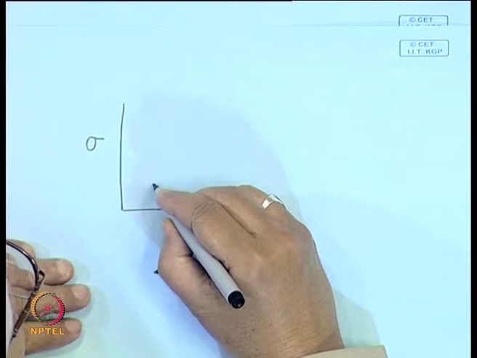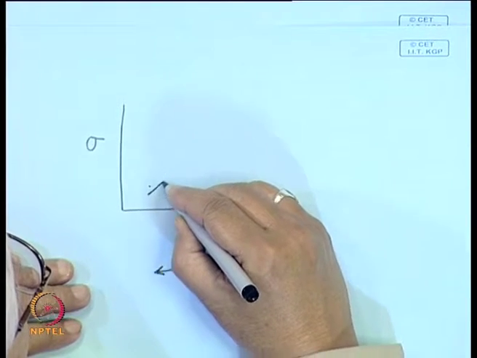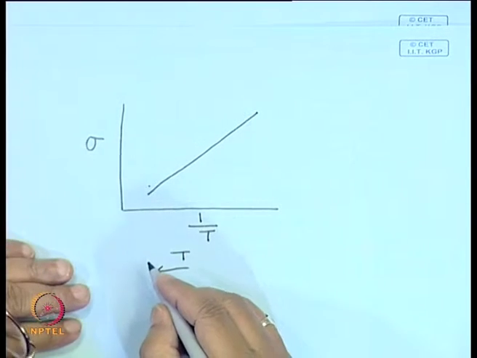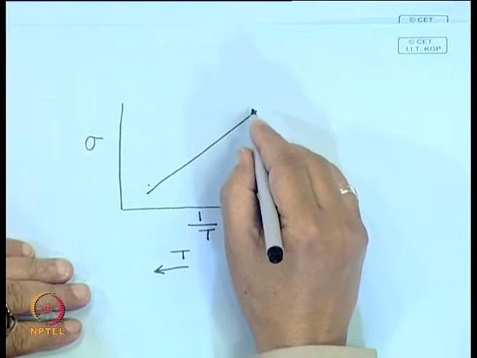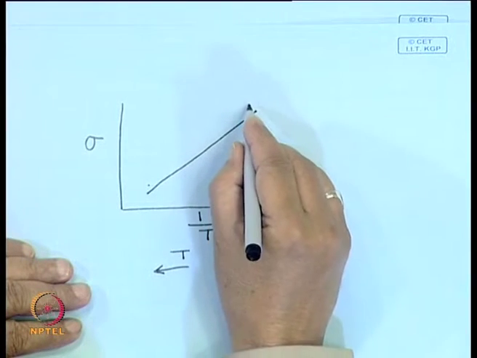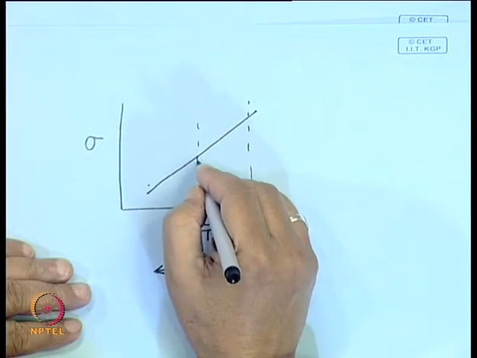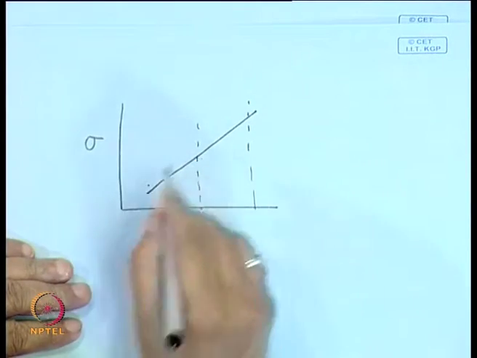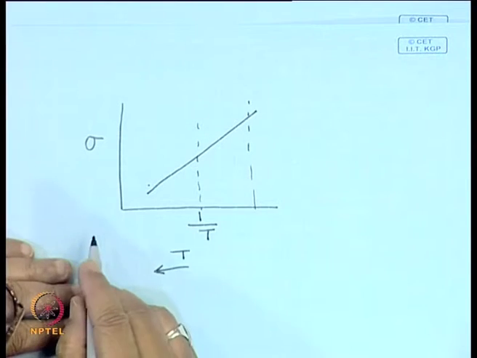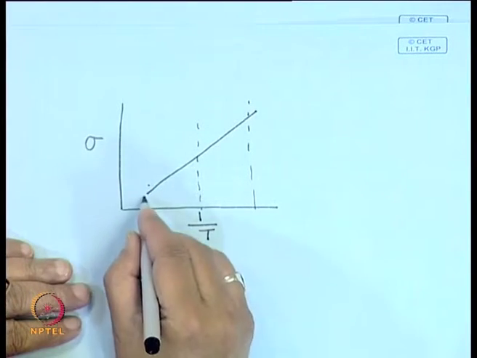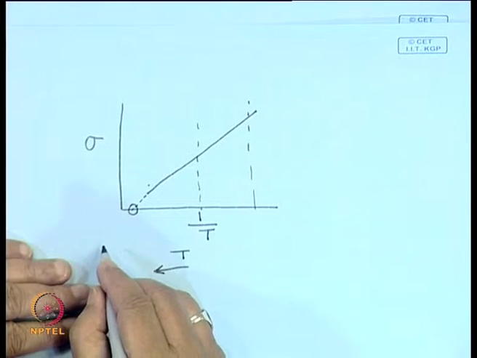So it is something like this. So at a low temperature, room temperature, your strength may be somewhere here, but if you increase the temperature, the material is more amenable. The strength goes down, and it will be easier to deform. If you extend it, it may reach a point 0.